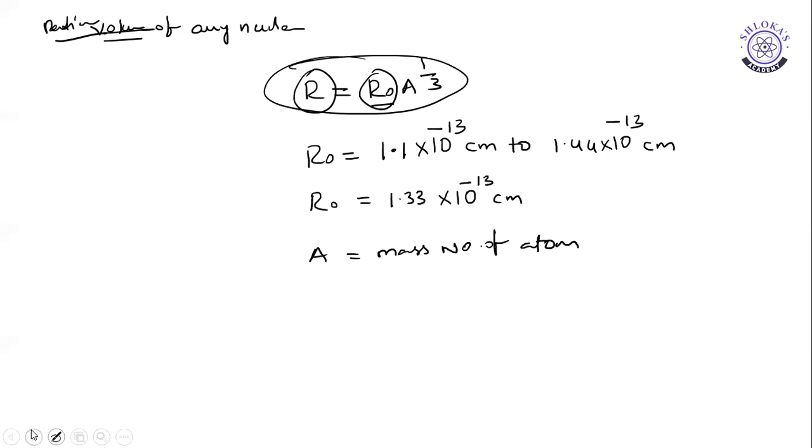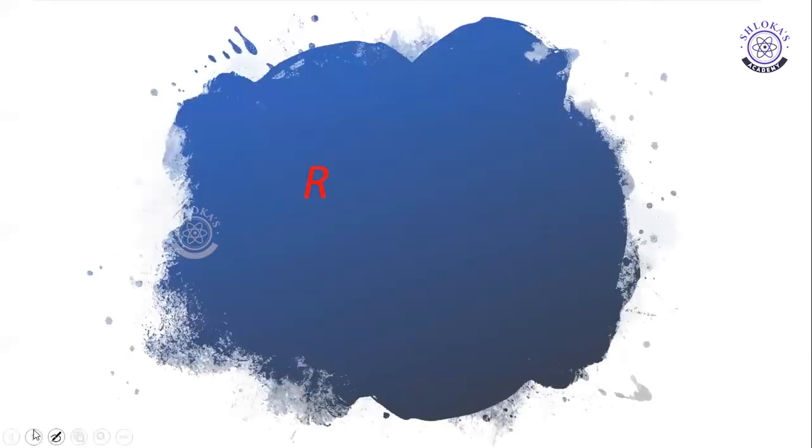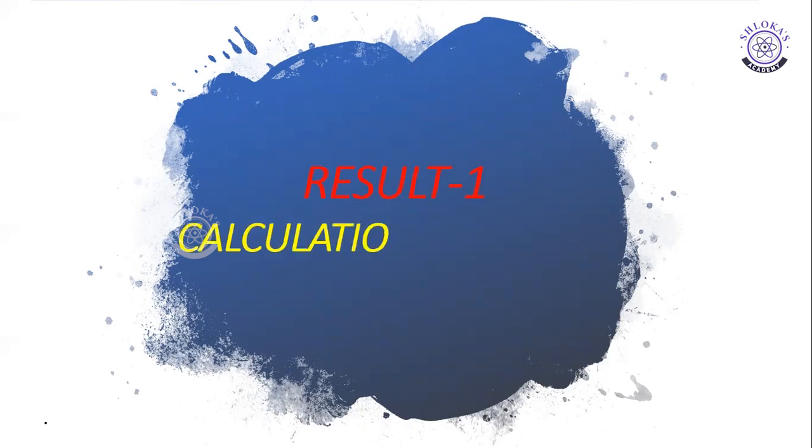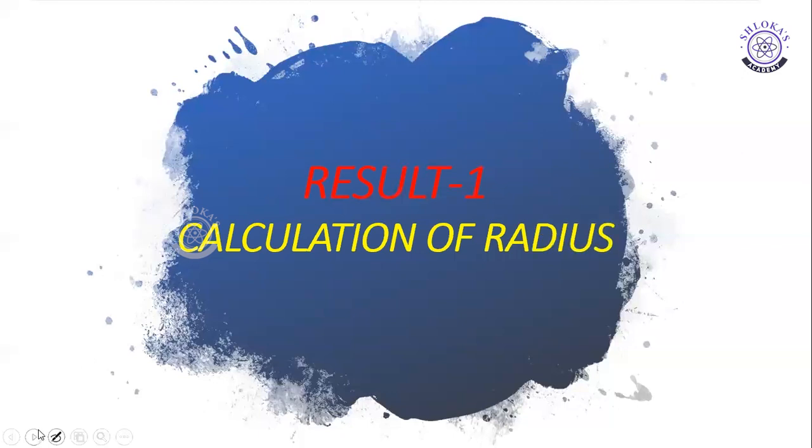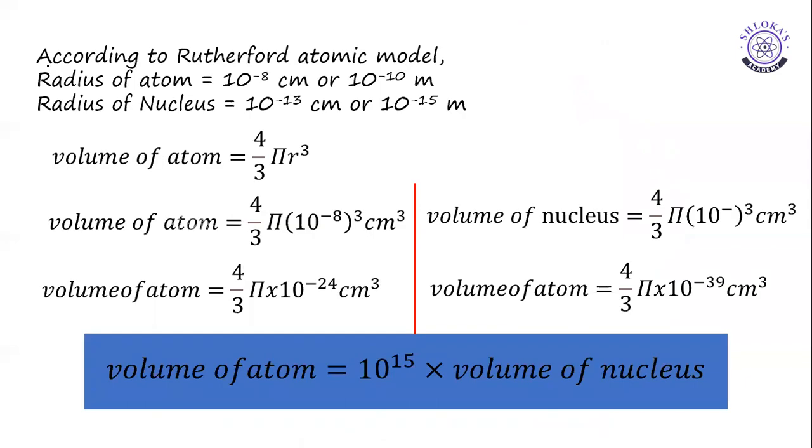Next, once again we will recall the first result. Result one is calculation of radius. Already we have done this, but once again we will recall it. According to Rutherford atomic model, radius of any atom is 10 to the power of minus 8 centimeter.